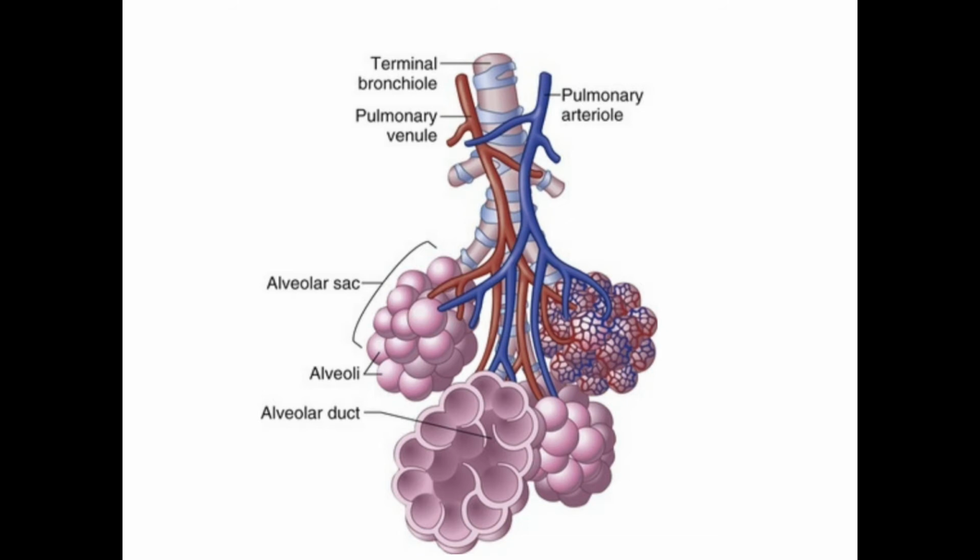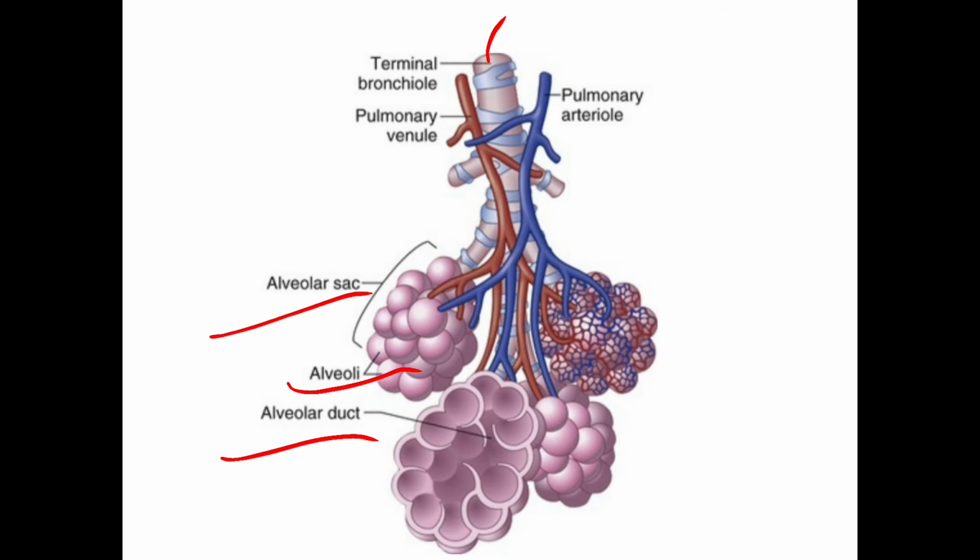Now coming to the alveoli. As we said before, our alveoli is lined with the unciliated squamous epithelial cells, right? So here you can see more clearly the alveolar sac, alveoli, then the alveolar duct and the terminal bronchiole.